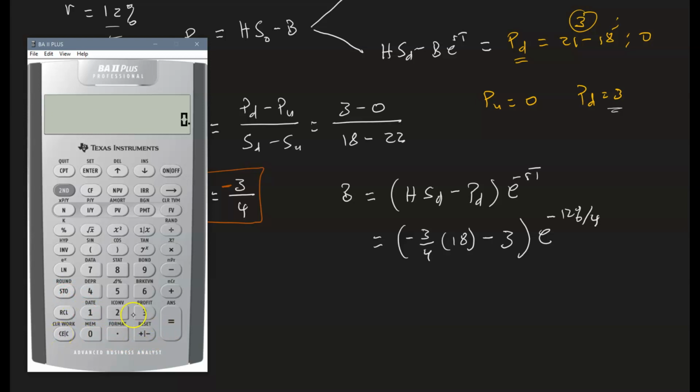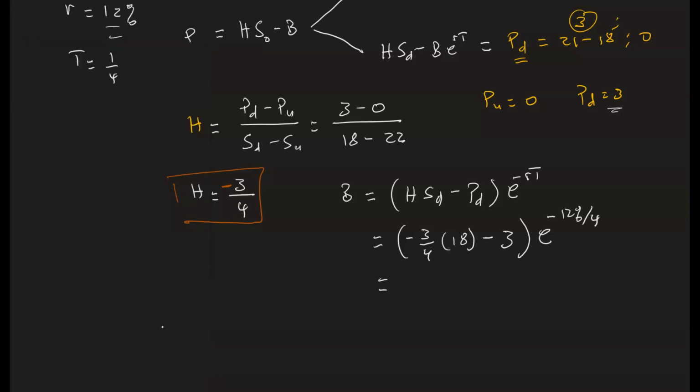And what we're going to do is 3 divided by 4 equal, minus, multiplied by 18 equal, that's the first term there, minus 3 equal, that gives us minus 16.5, and then we're going to multiply that by what we stored, so multiply that by recall 1 equal, that gives us minus 16.012, so B is going to be equal to minus 16.012 about.